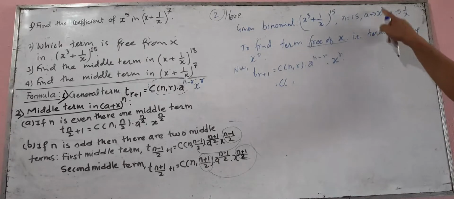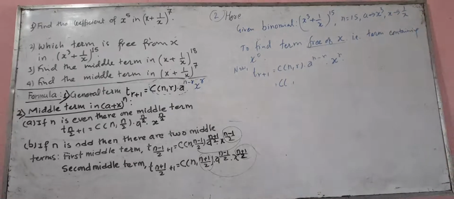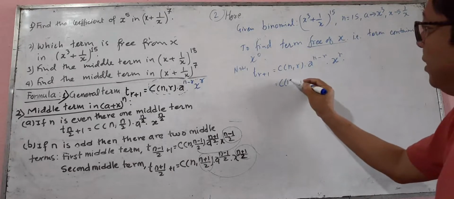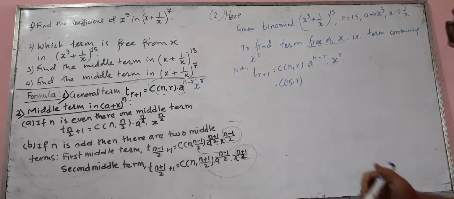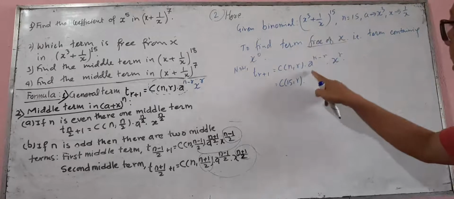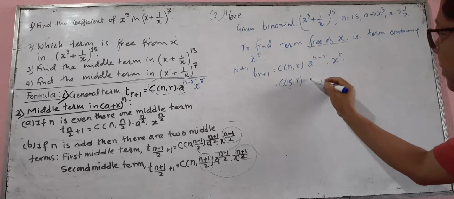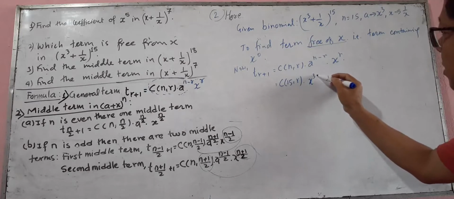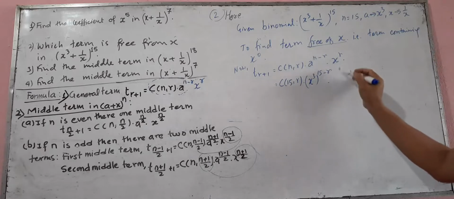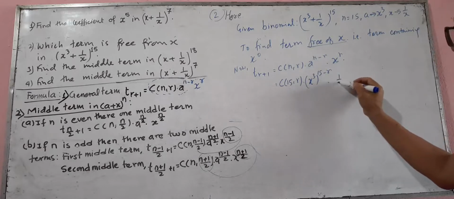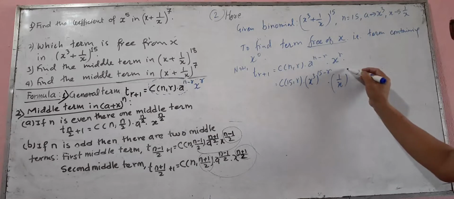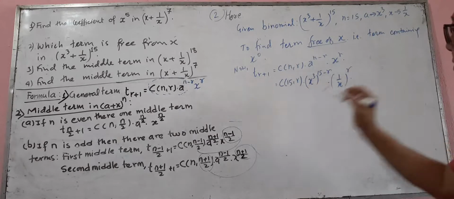So C(15,r) times the first term x cube whole power 15 minus r, times the second term 1 by x whole power r.